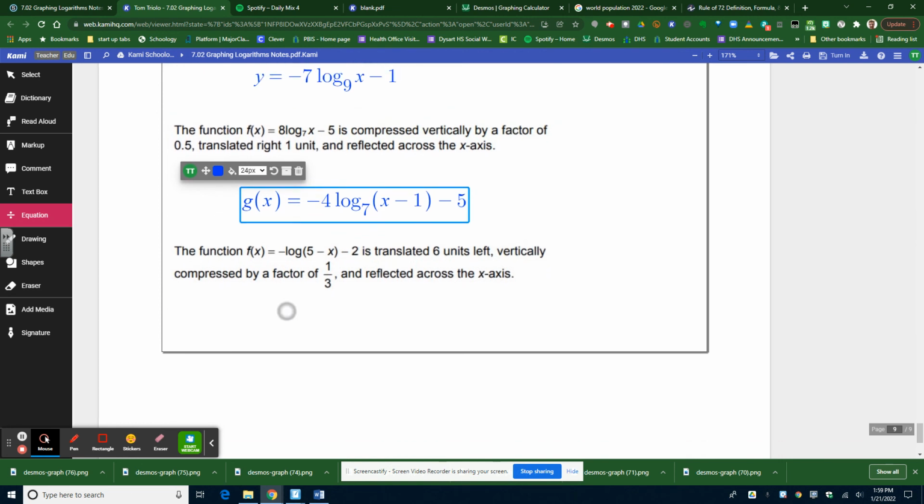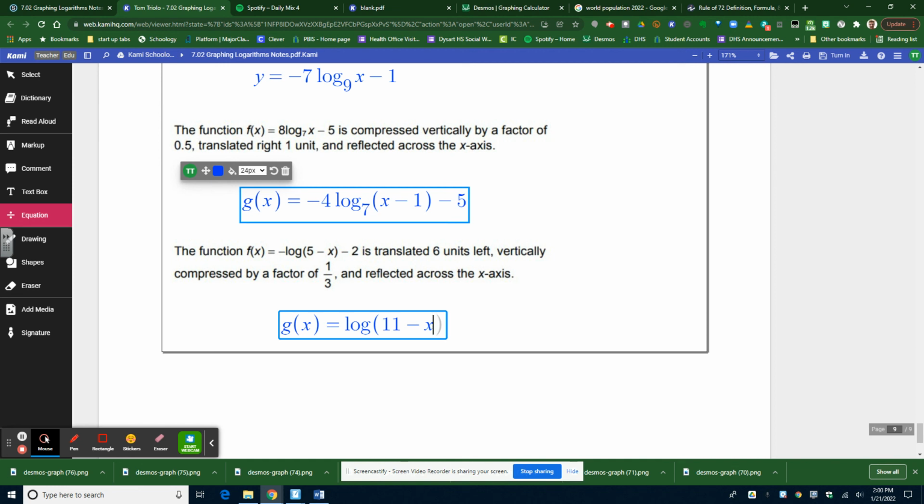Okay, next one. Same idea. So it's being reflected across the x-axis, so I don't need the negative anymore. Log, my base is 10. It's a common logarithm. It's translating 5 units or 6 units to the left, so I need to add 6 more to this. So 11 minus x.